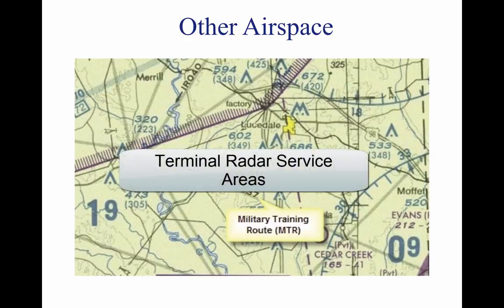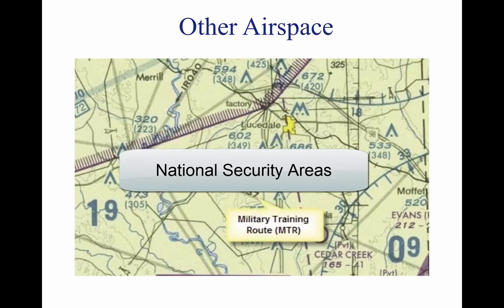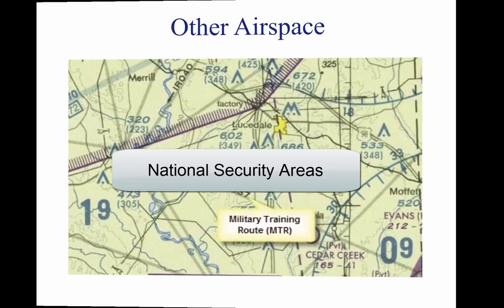Terminal radar service areas are areas that provide separation between all IFR operations and participating VFR aircraft. And lastly, national security areas are defined airspace that provides increased security and safety of ground facilities.